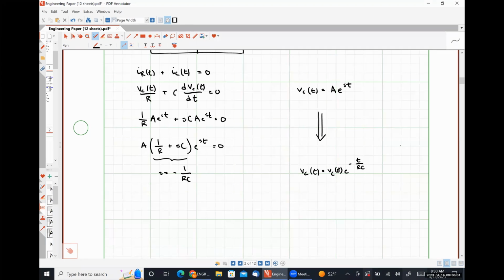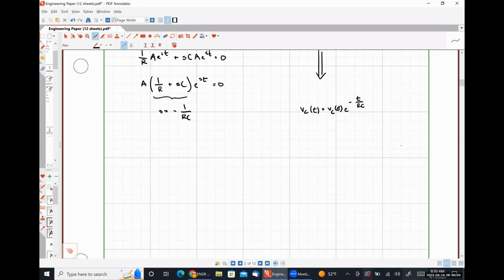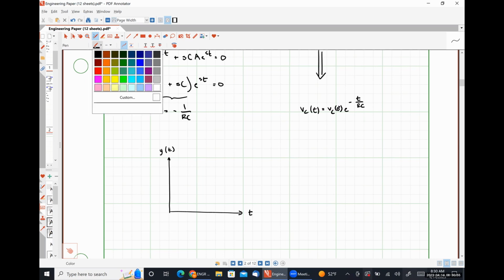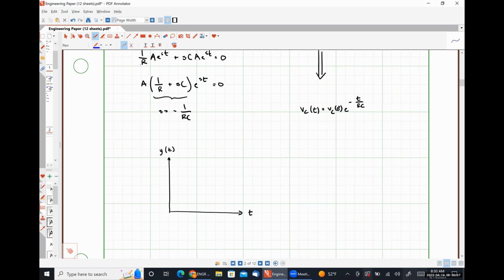So if I have some signal, let's call it y of t, and it is an exponentially decaying function. I wish I could draw this curve better.